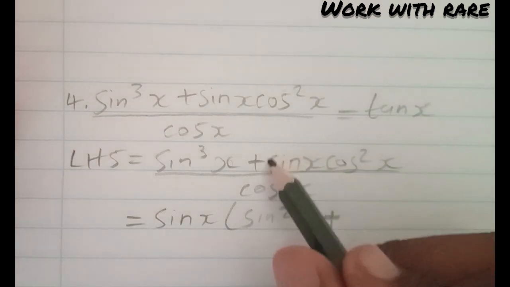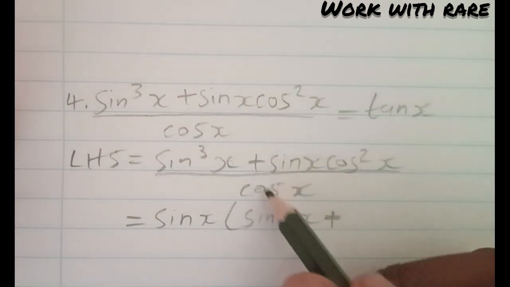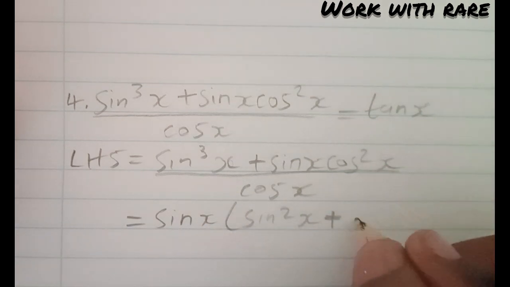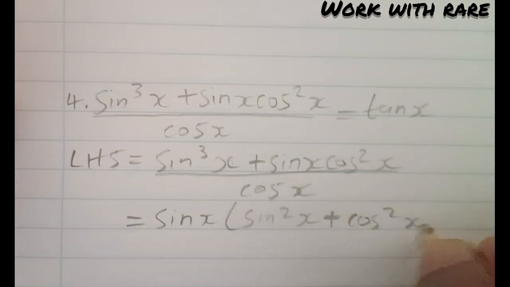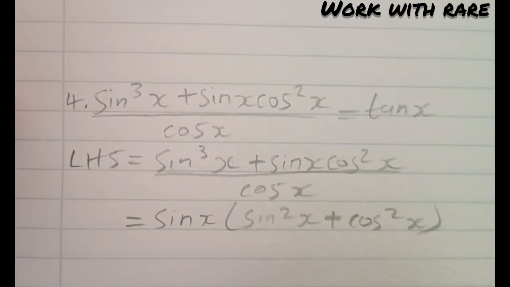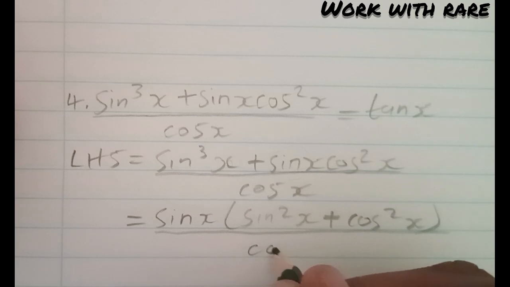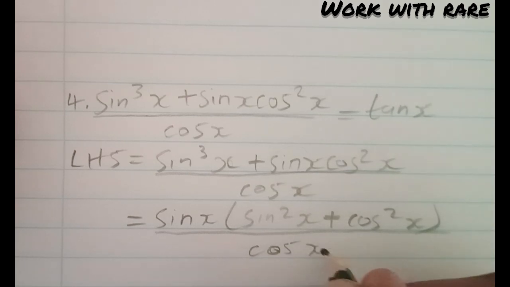But here I have only sine x, which means it was 1. And here I have sine x, which means here I don't have to write sine. But I don't have cos outside the bracket, which means here I will have cos squared x. Okay, so I'll have to divide everything by cos x.